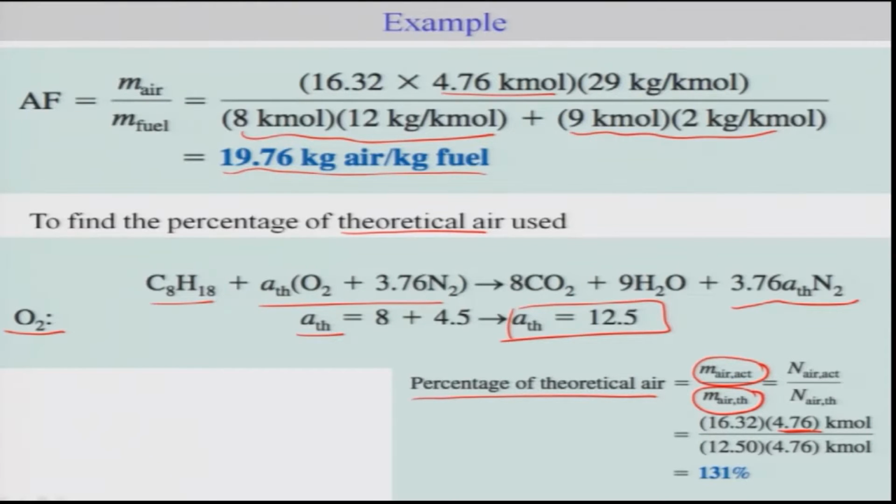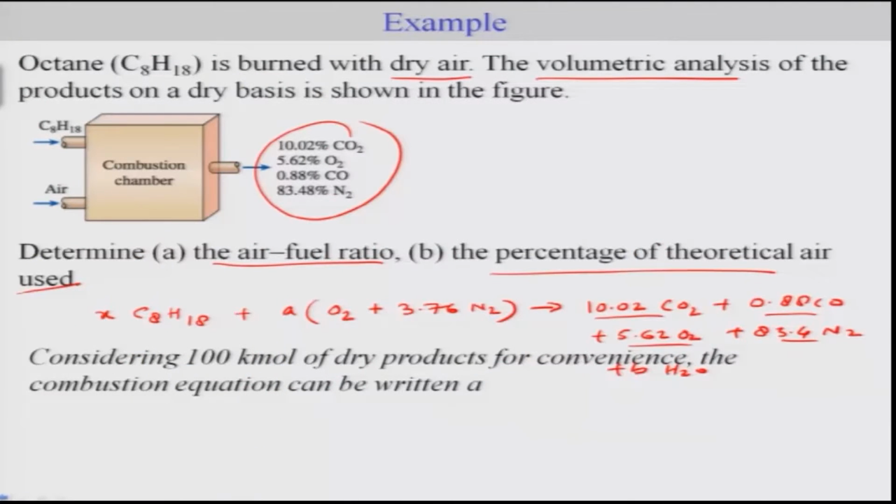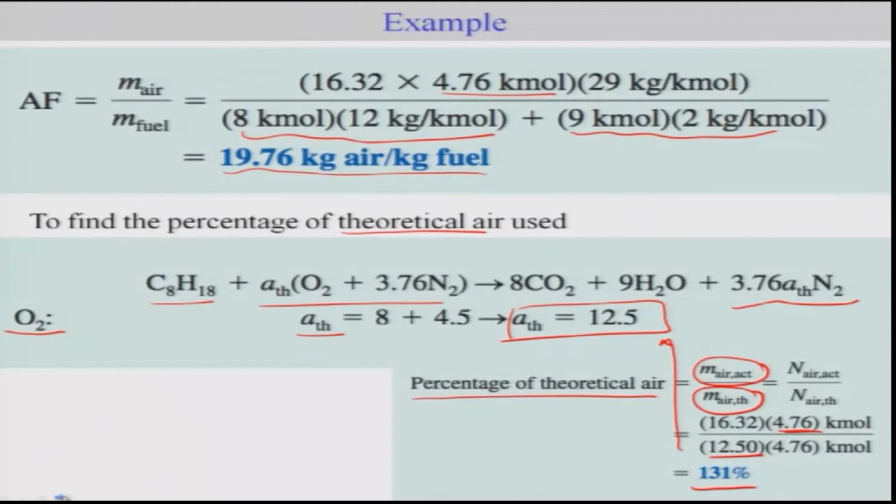So this is the total kilomoles of air, and this 12.5 theoretical, multiplied by 4.76, gives you 131%. So in the previous combustion example we used 131% of theoretical air, or in other words, 31% excess air in the combustion process for octane.